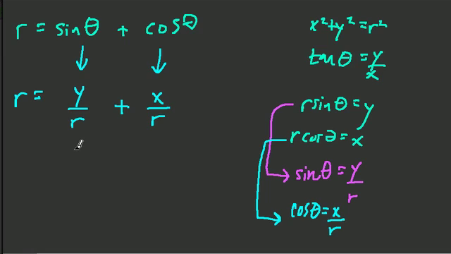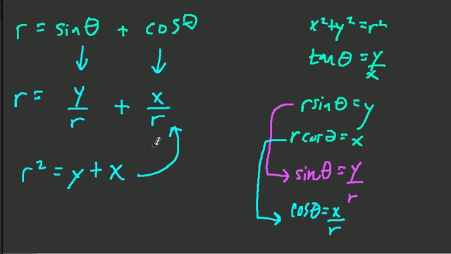What happens now? There are many things we can do. I think it makes a lot of sense to multiply everything by r. So we get r squared equals y plus x, right? Just multiplying everything in this equation by r. I guess we can go back and forth, but that would just bring us right back here.